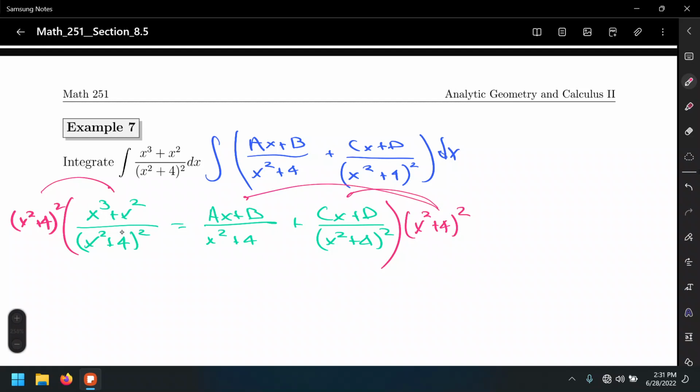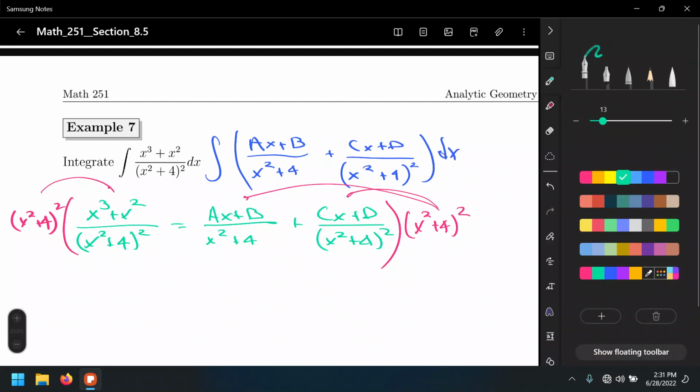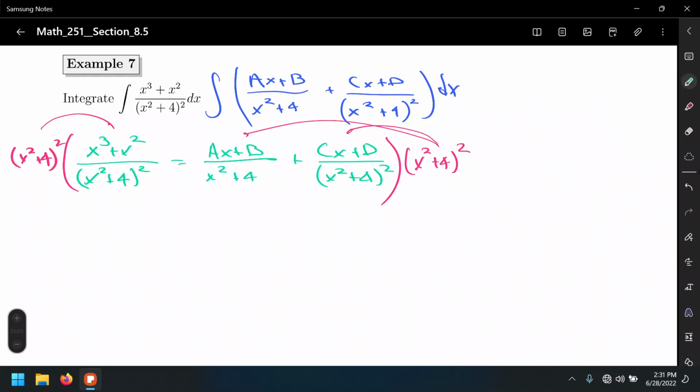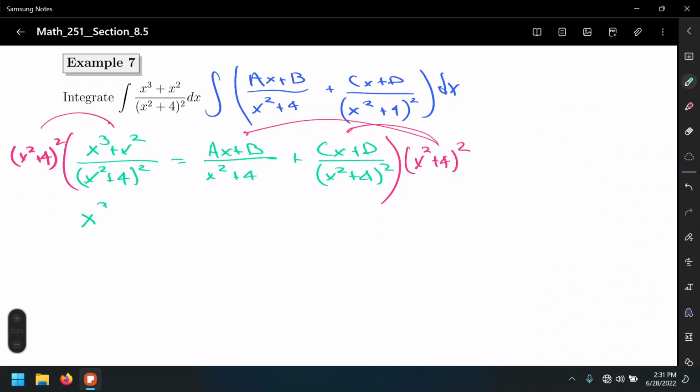So when we distribute on the left hand side, everything cancels except the numerator. That's x cubed plus x squared equals, okay, so in the numerator we're going to multiply on the right hand side. Notice how only one power, because technically this is an x squared plus 4 to the first power.